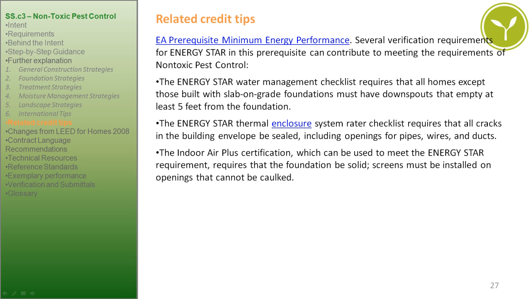The Energy Star Thermal Enclosure System Rater checklist requires that all cracks in the building envelope be sealed, including openings for pipes, wires, and ducts. The Indoor airPLUS certification, which can be used to meet the Energy Star requirement, requires that the foundation be solid. Screens must be installed on openings that cannot be caulked.